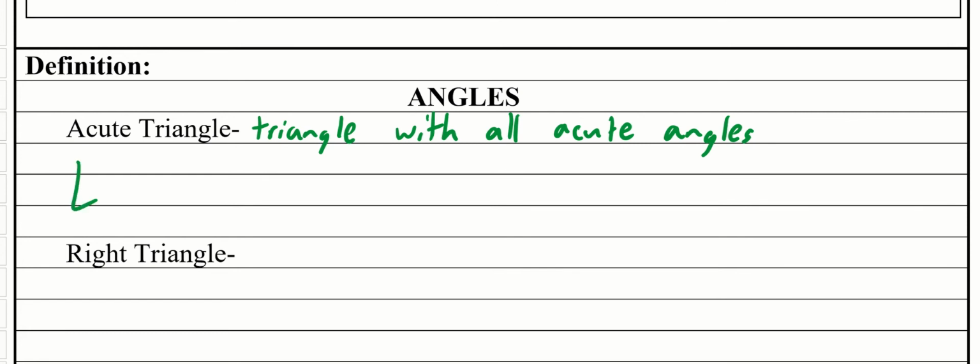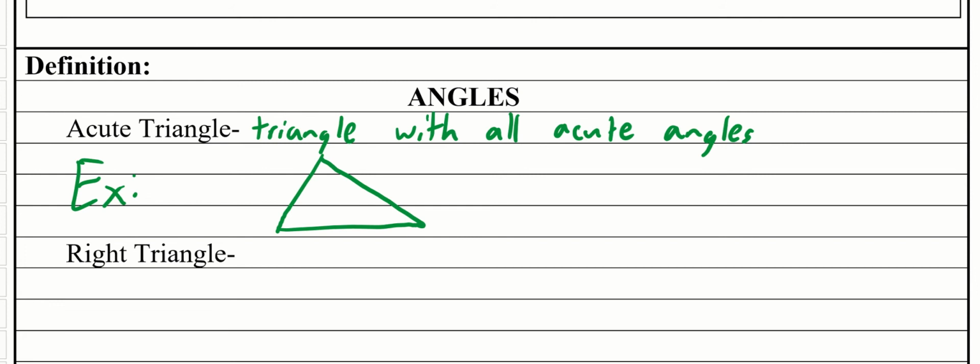An acute triangle. An acute triangle is just a triangle with all acute angles. Okay, simply put, an acute triangle is just a triangle with all acute angles. So if I want an example of this here, remember acute means it's an angle measure that's less than 90 degrees.